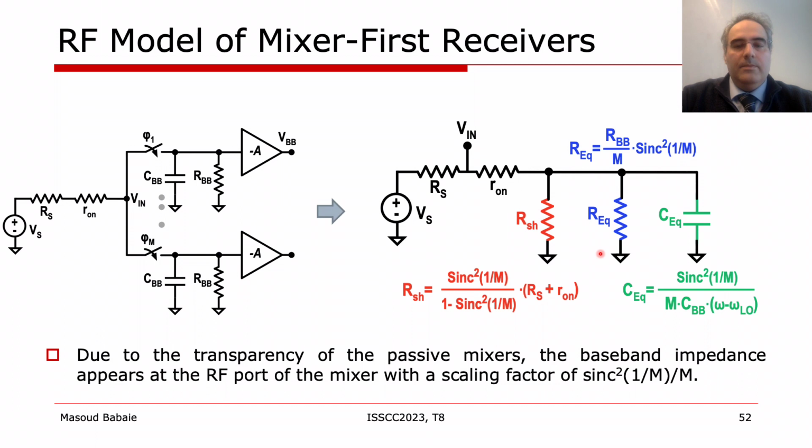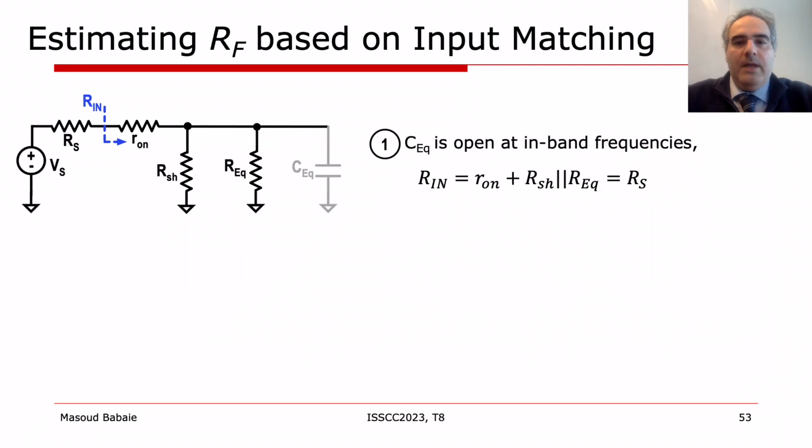Now I am going to calculate the values of Cin, Cf, Rf, and the op-amp gain based on the receiver's high-level specifications. First, I estimate the Rf value based on the input matching requirement. At in-band frequencies, C equivalent has high impedance and the input resistance of the receiver can be calculated by R-on plus the parallel combination of R_SH and R equivalent.